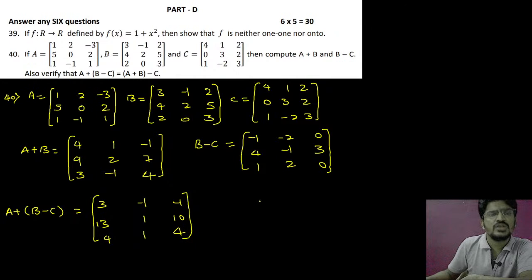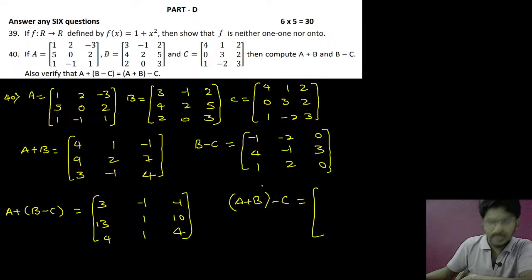Now we have to solve (A plus B) minus C. A plus B is 4, and 4 minus 4 is 0.